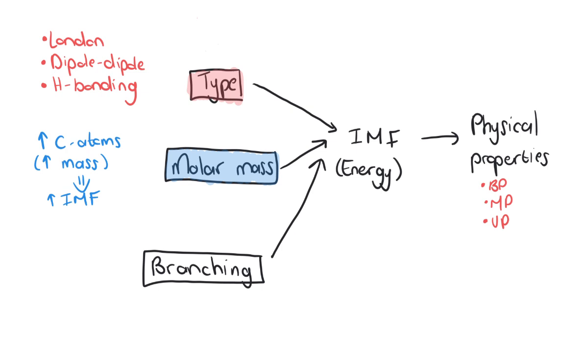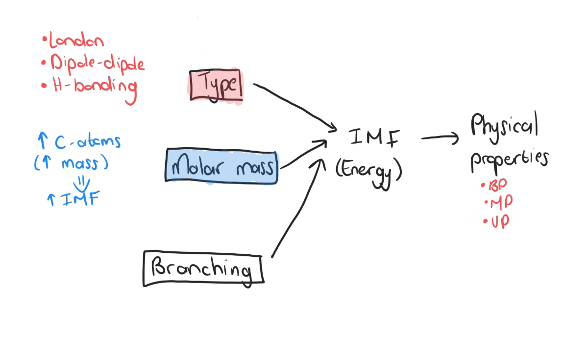So as the number of carbon atoms increases, the intermolecular forces become stronger, and that means that more energy is required to break the bonds between the molecules, and that leads to a higher boiling point, a lower vapor pressure and a higher melting point.